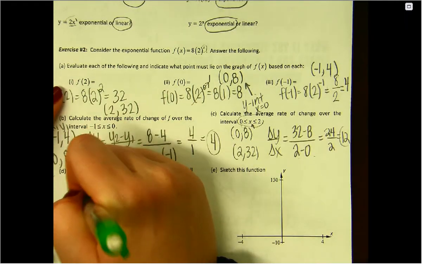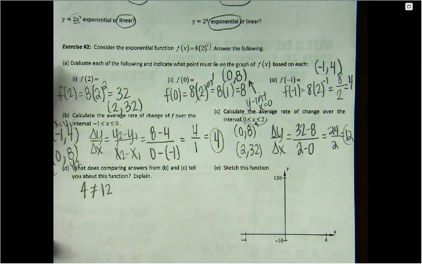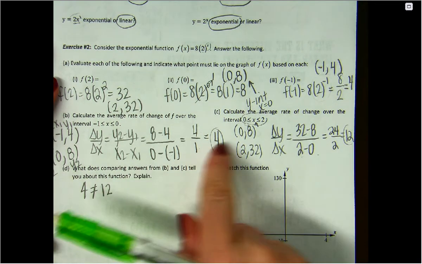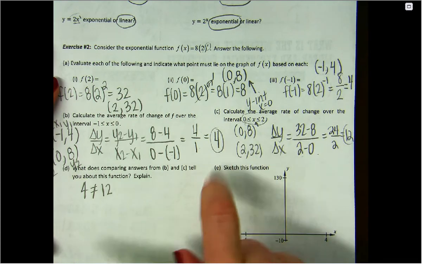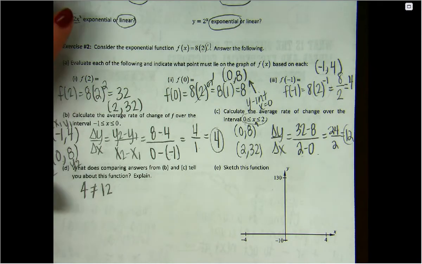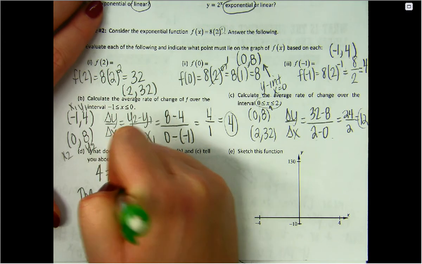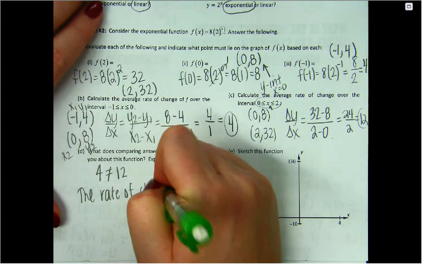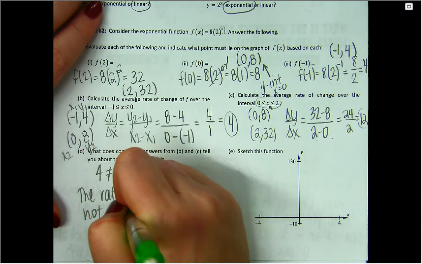First thing I want to talk about: 4 does not equal 12. Since these two things are not the same, this is not a linear function, because it is not moving at a constant number. You're not adding or subtracting the same amount to get to the next thing. So the rate of change is not constant.